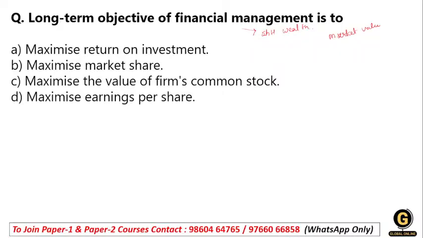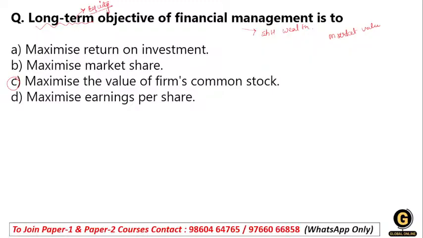Then maximum market share, then maximum value of the firm's common stock, or maximum earning per share. So the right answer will be option C, because when we are talking about the long term, companies focus on the common stock, that means equity.